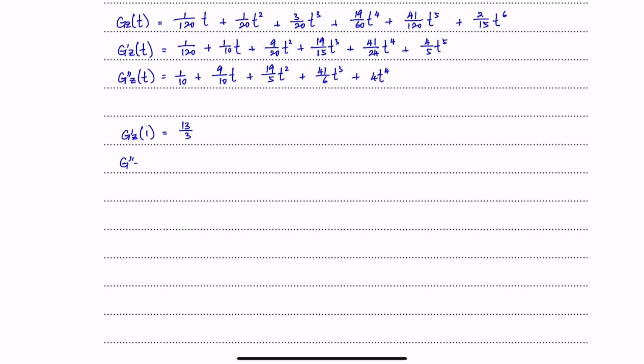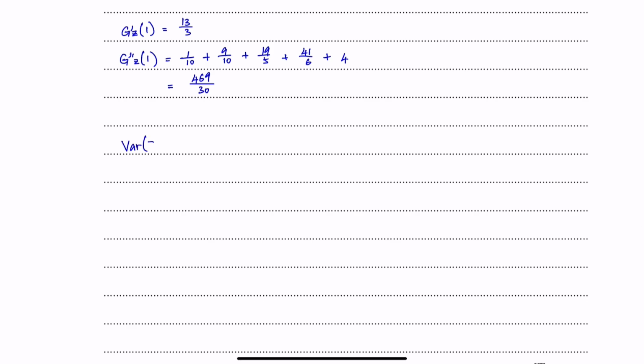So now G prime prime 1 is equal to 1 over 10 plus 9 over 10 plus 19 over 5 plus 41 over 6 plus 4. And this will give us 469 over 30.